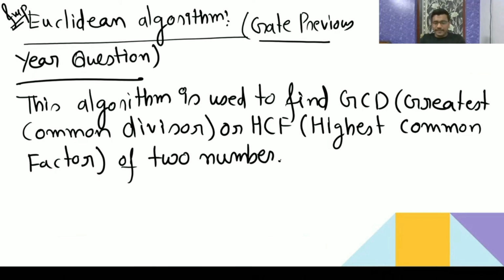So both are the same. GCD and HCF are the same only. The highest common factor means the biggest factor which is dividing both the numbers. That is even called the greatest common divisor.